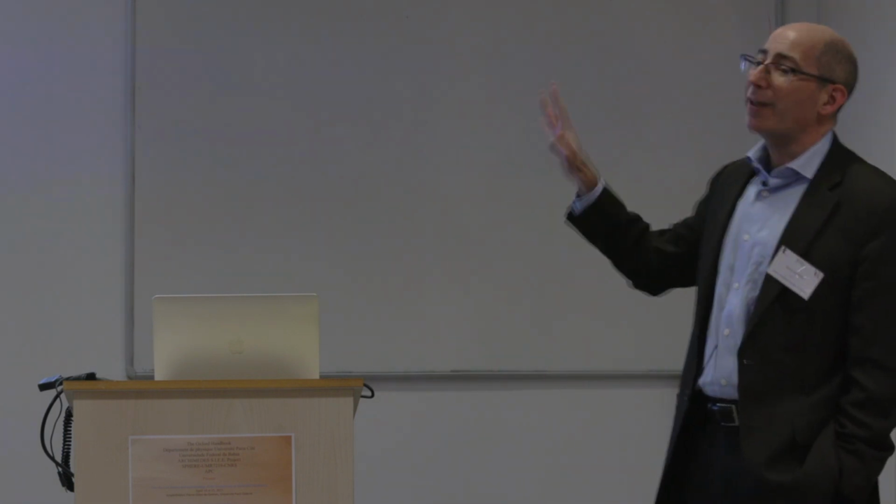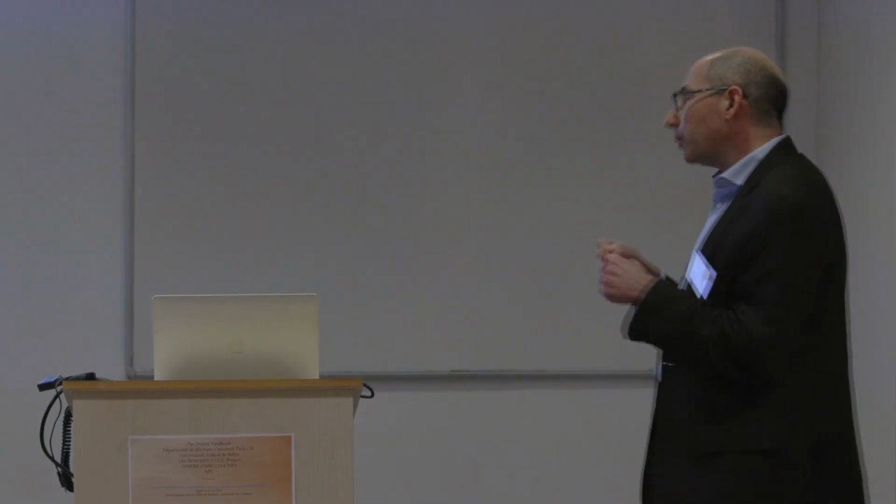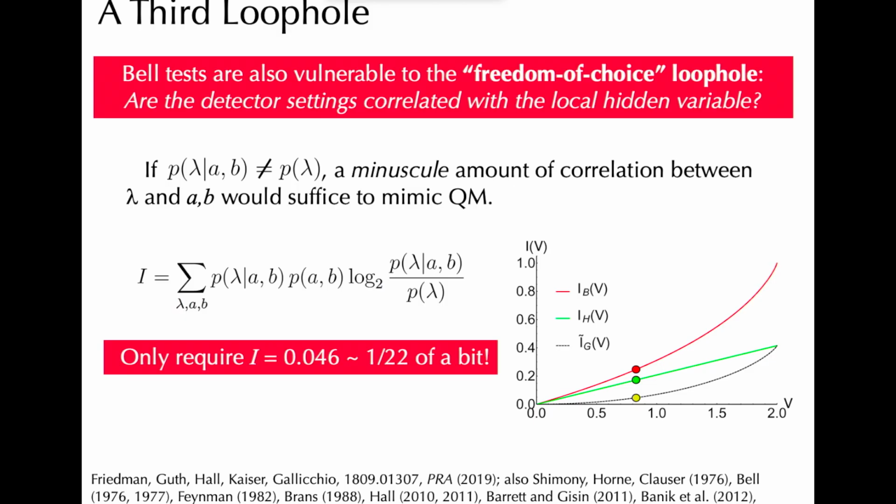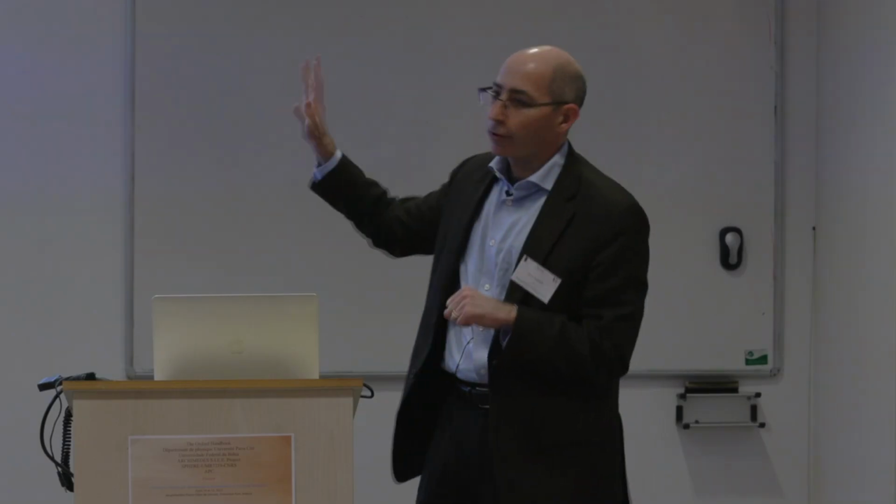It takes more than 20 times less coordination, statistically, for a locally causal model to mimic all the measurement statistics of the quantum singlet state than it would if you exchange even a single bit. It takes less than 1/22nd of a bit of so-called mutual information to mount a simulation of quantum theory with a locally causal model if one exploits this third conceptually distinct loophole.